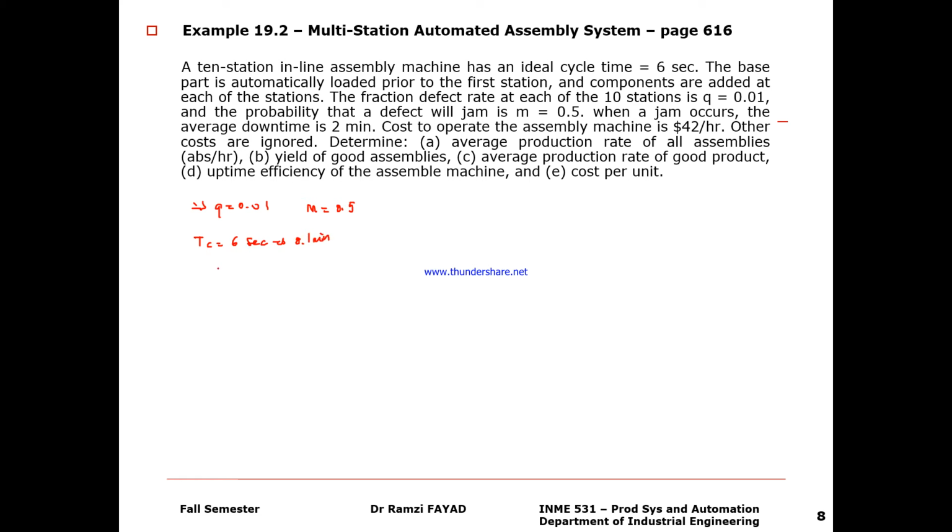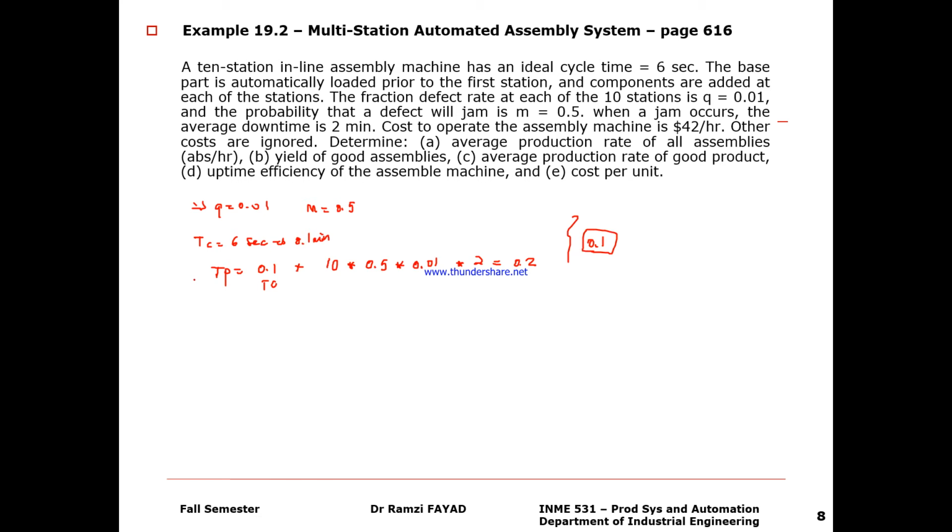The average production cycle time is TP equals 0.1, which is TC, plus 10 stations, each with a probability M of 0.5 times Q of 0.01, times the jamming time of 2 minutes. So TP equals 0.2 minutes, where TC equals 0.1, and the jamming time adds 0.1 per unit.